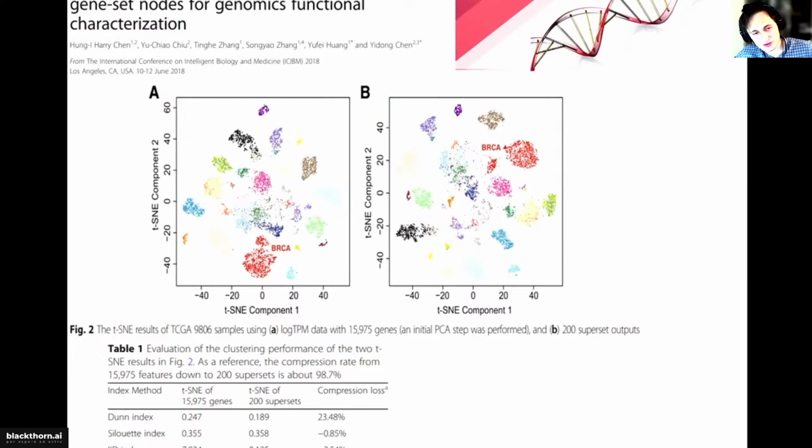Maybe it's kind of big for the Dunn index, but for other indexes, it's not so huge. And if you look at the t-SNE graphs, they look reasonable, and different cancer types have their own color, and we can see that overall form and distances are quite close.